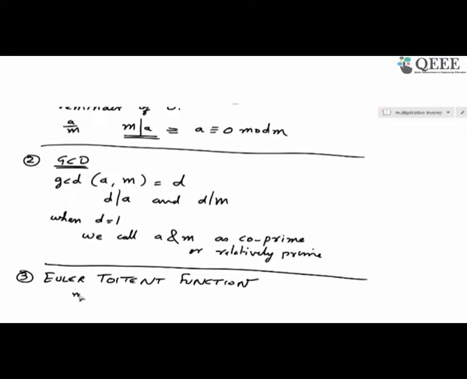Suppose we had something called M. The Euler totient function, which we represented as phi of M, denotes the number of integers less than M which are also co-prime to M. For example, we took the case of phi of 9, and said phi of 9 equals 6, because less than 9 there are 6 integers which have a GCD of 1 with respect to 9.